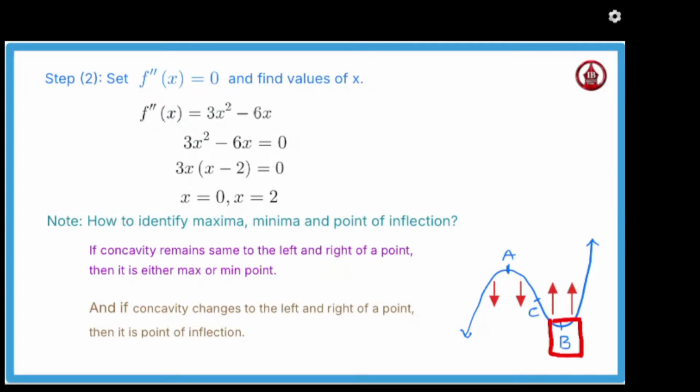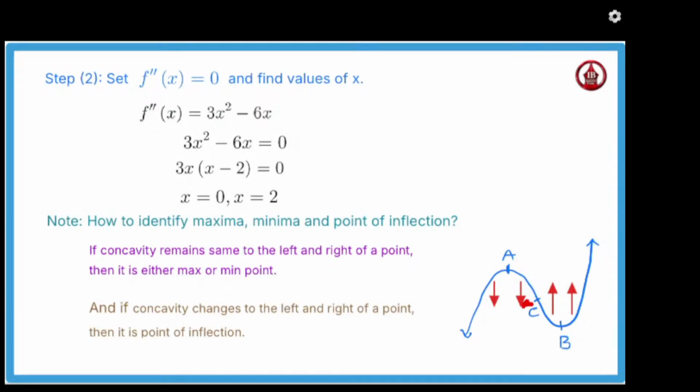Similarly, point B is a minimum point. Look at the left of B, it is concave up. To the right of B, still it is concave up. So concavity is not changing. Therefore, it is a minimum point. But if you look at point C, which is in between maxima and minima, look at the concavity.